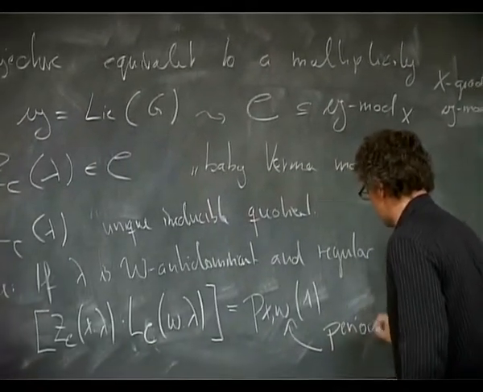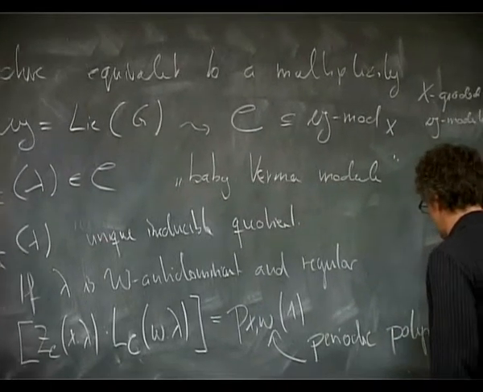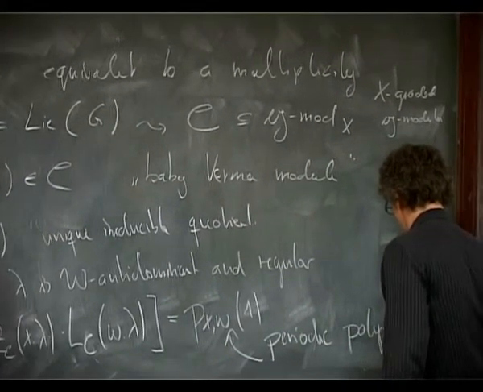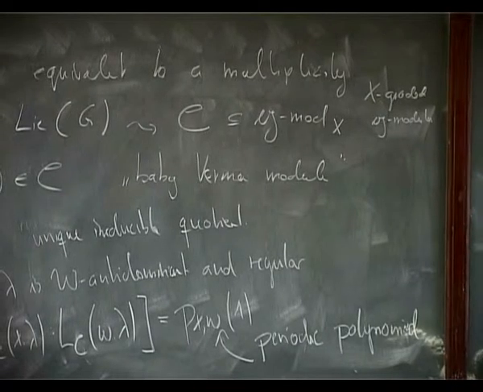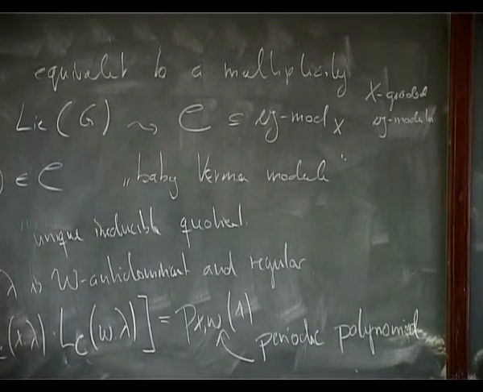That's just another Kazhdan-Lusztig type polynomial. Anyway, so you prove that this is the multiplicity statement I was talking about earlier.